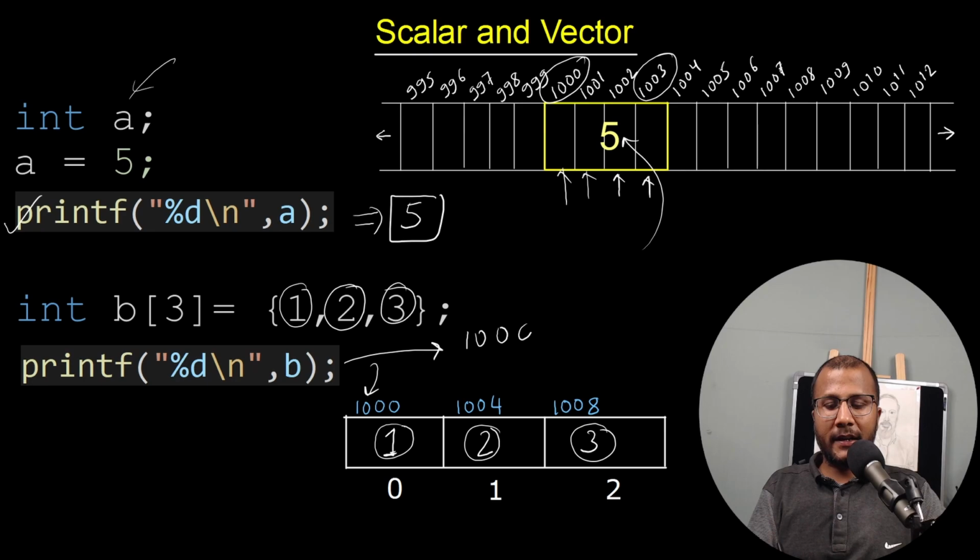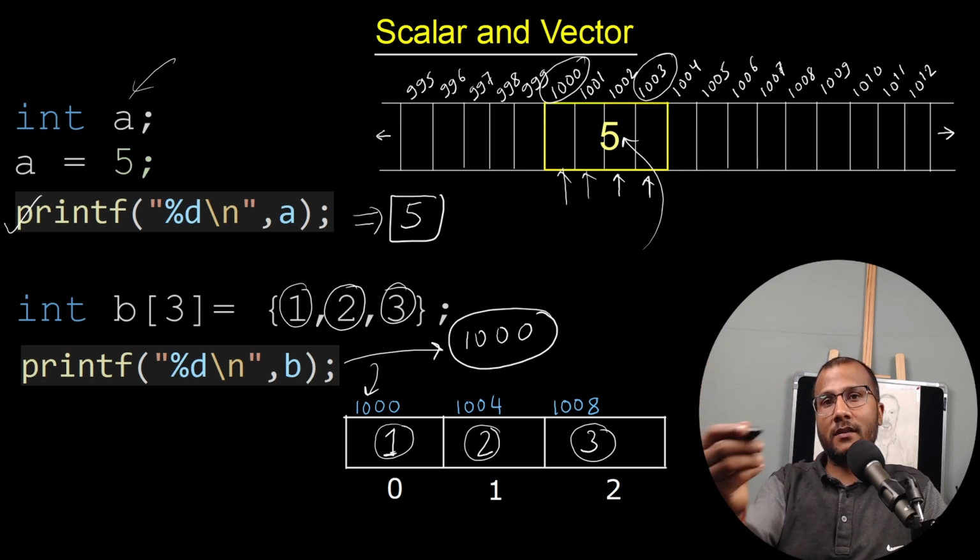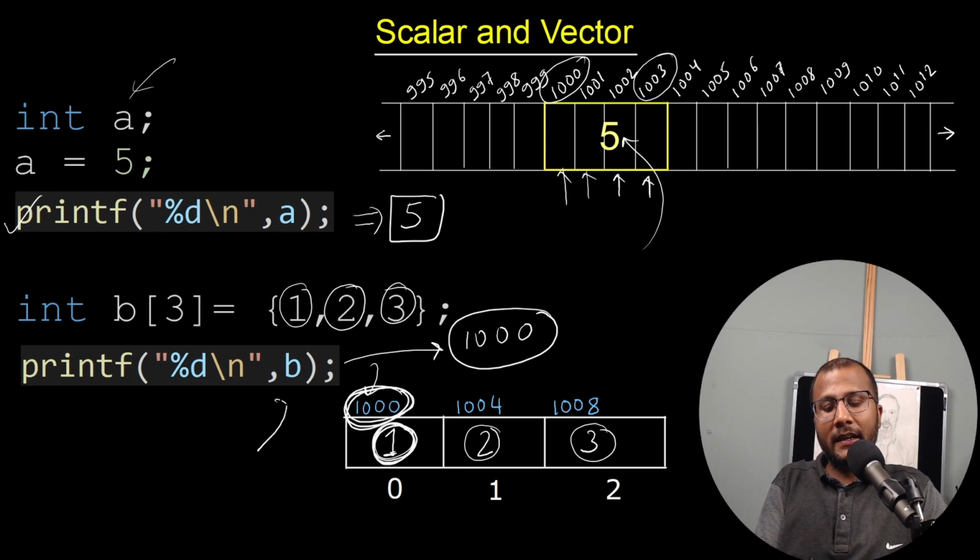If I just print b, it is going to print the starting address of the array, because an array has many addresses: 1000, 1001, 2, 3, 4 up to 1011. But it is going to print the starting address of the array, or the address of the first element. The first element is 1. The starting address of the first element is 1000, so it is going to print 1000. So if I print b, it is going to print the address. That is the very important point you should note.